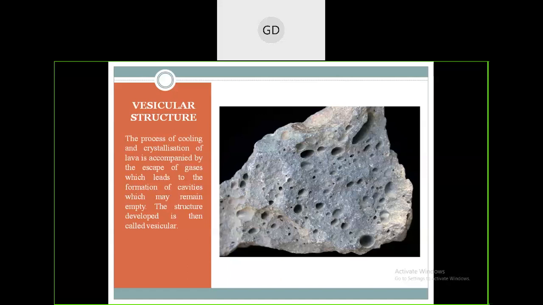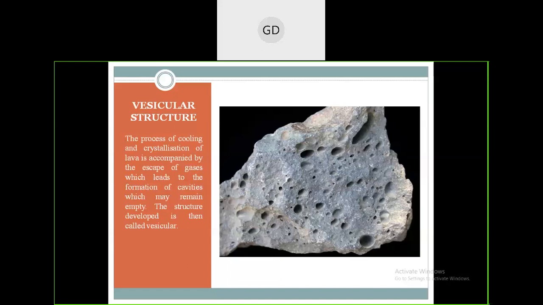When this cooling or solidification takes place, it leads to the formation of cavities of various sizes and shapes. These cavities remain empty when they are cooled down. So this structure is known as your vesicular structure. You can see the empty spaces.